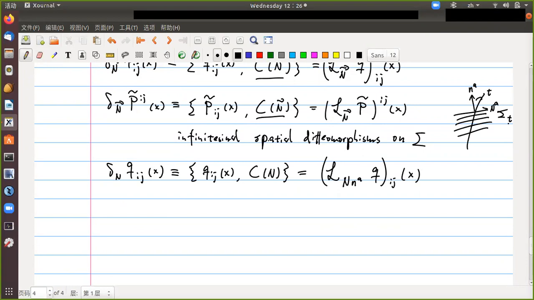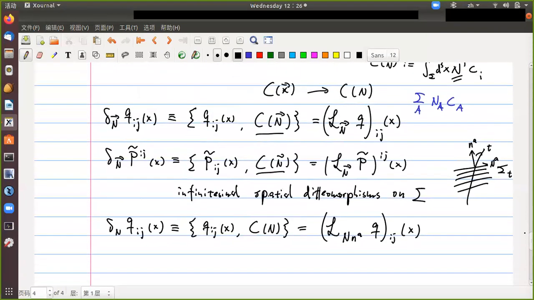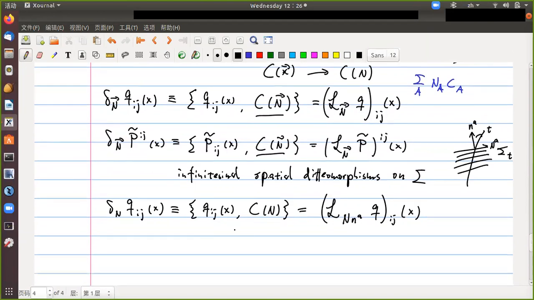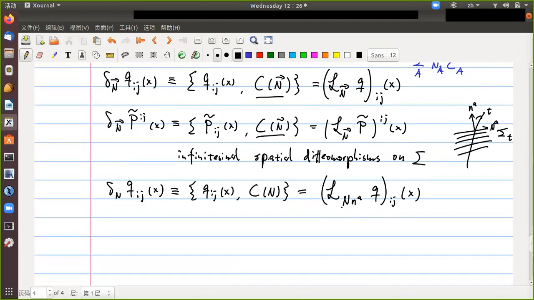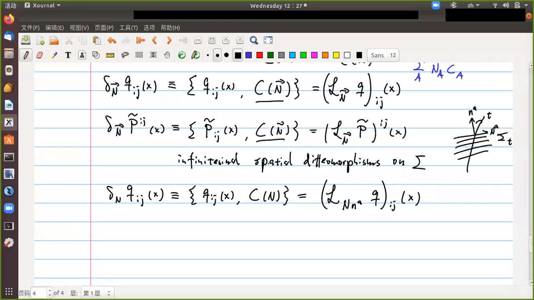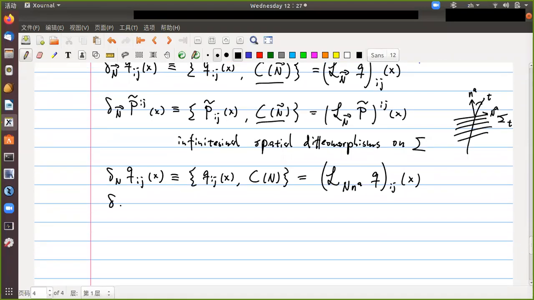So here, C_n generates the infinitesimal diffeomorphism along the spatial direction, and the Hamiltonian constraint is complementary because it generates the normal direction Lie derivative, the normal direction diffeomorphism. Here it is not exactly N^a, but the lapse function times n^a, or this test function, and similarly for p.